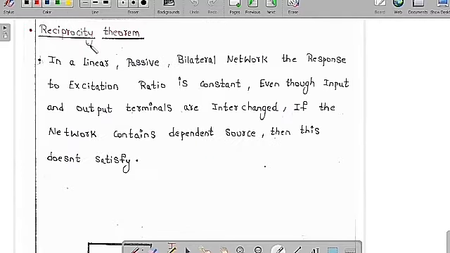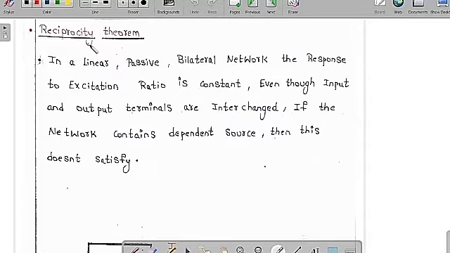We are going to learn about the reciprocity theorem. In a linear passive bilateral network, the response to excitation ratio is constant even though input and output terminals are interchanged. If the network contains a dependent source, then this doesn't hold. Basically, suppose there is some linear network.